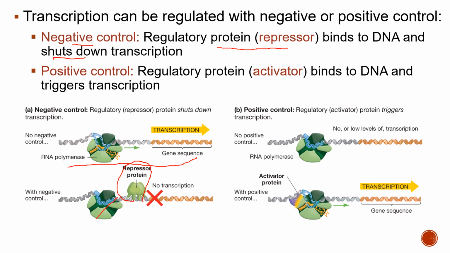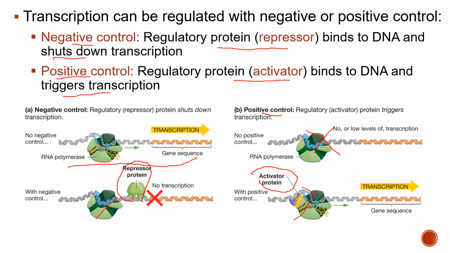Then some genes undergo what is referred to as positive control, where instead of a repressor, they need an activator in order to stimulate or trigger transcription. Under positive control, unless some type of activator protein is present, there is no transcription. RNA polymerase can't bind until this activator protein is present.